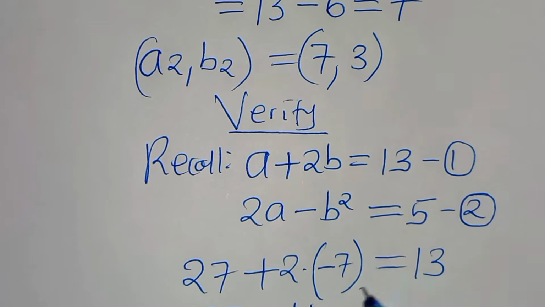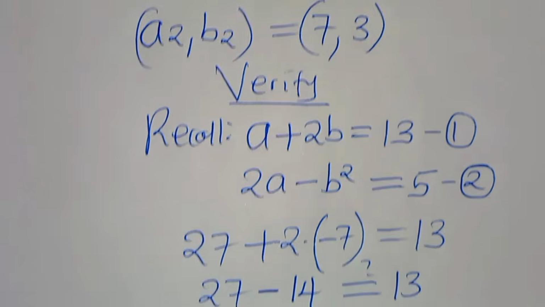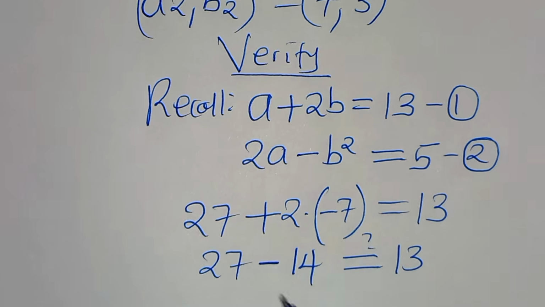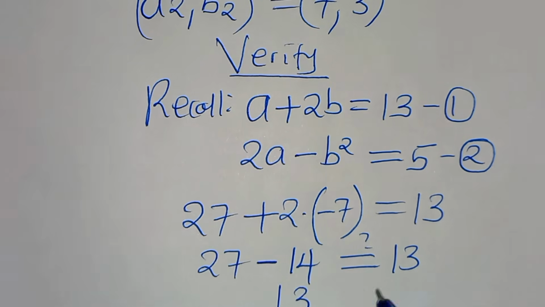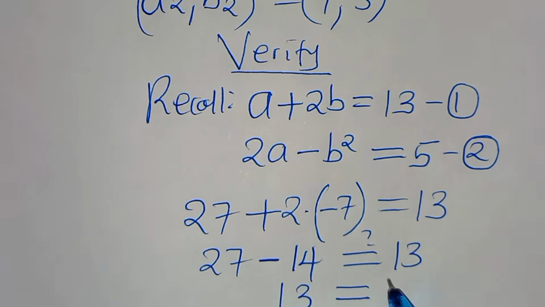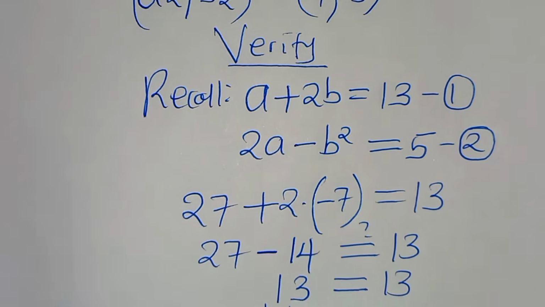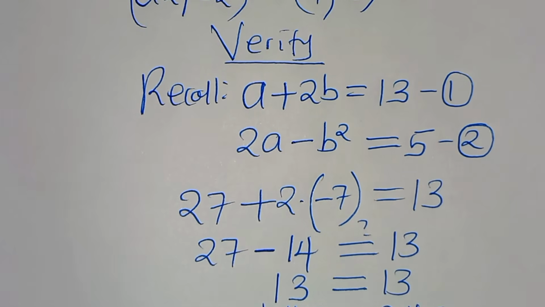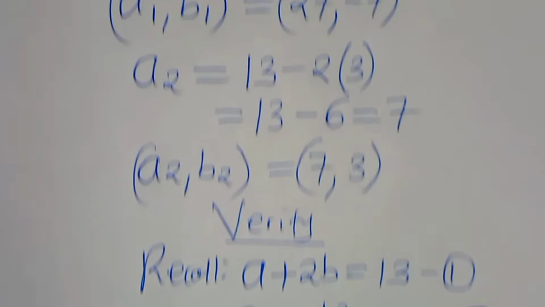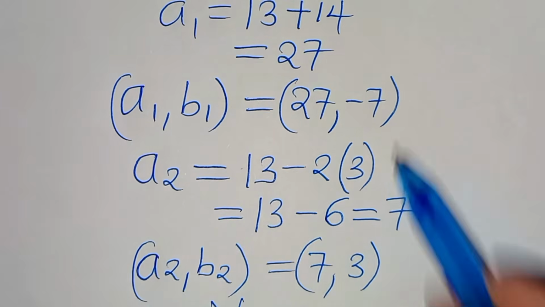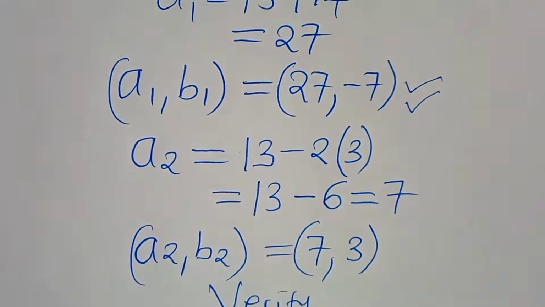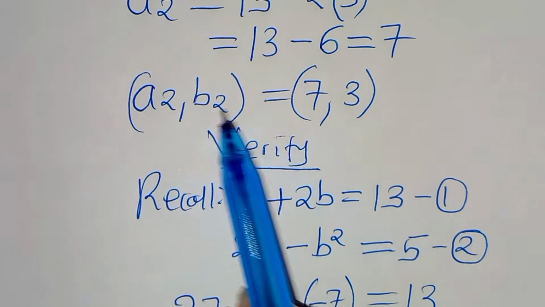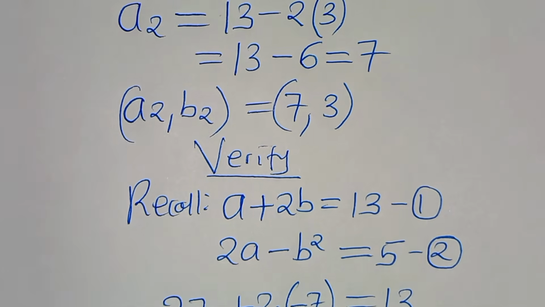This should give us a value of 13. 27 minus 14 is equal to 13, and this is equal to 13. So the left hand side is equal to the right hand side, and this proves that a1 comma b1 satisfies the equation. So let's check a2 b2, which is 7 and 3.